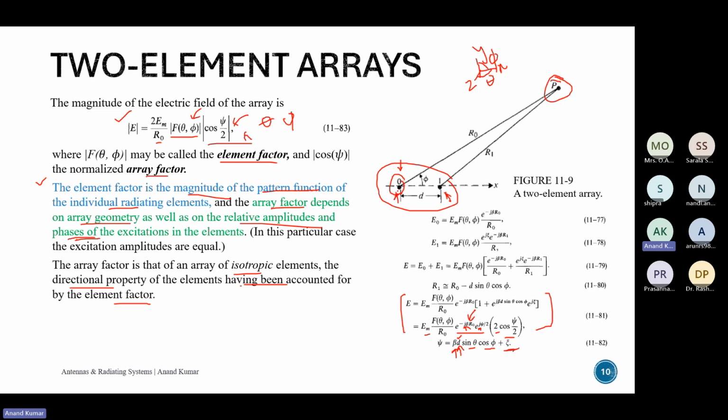So if we change the elements over here, it will be reflected in the element factor, and the array factor would remain the same because the array factor is only dependent on the phase excitation and the geometry. So if we change the position of the elements, that will affect only the array factor, and if we change the elements individually, that will affect the element factor. So any change in the type of antenna won't affect the array factor.